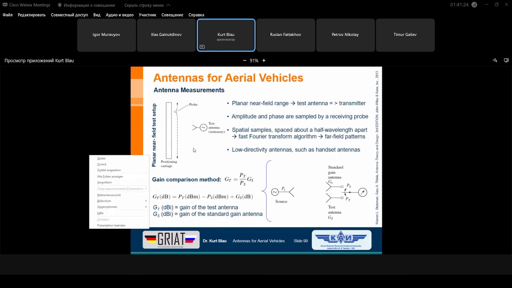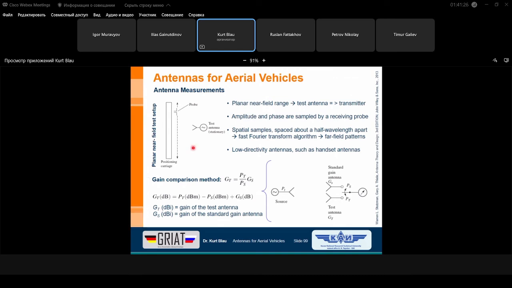Now we can make it in such a way. We have here our source antenna that illuminates both antennas, either one after another, meaning we have not used this switch. First, we measure the standard gain antenna.